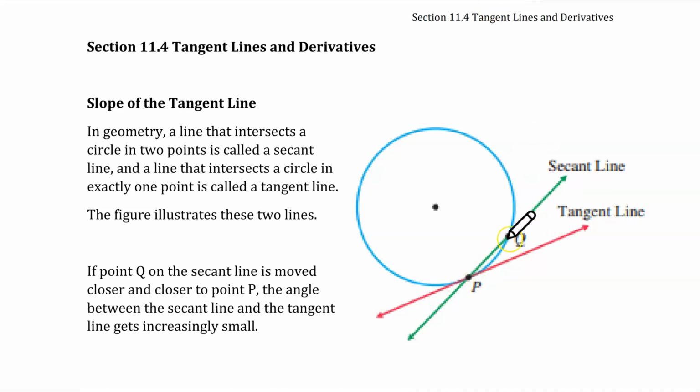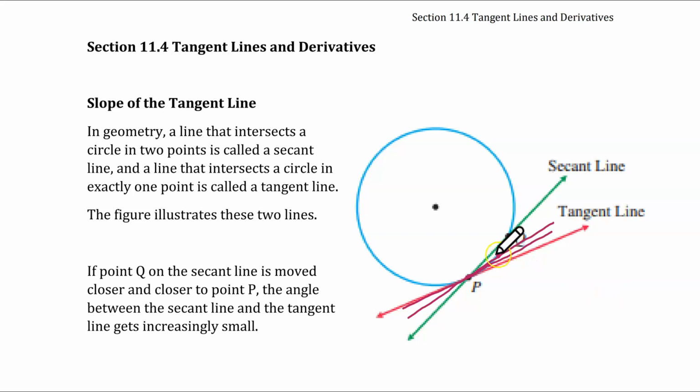Point P and point Q are on the secant line, and point P is on the tangent line. Now notice that if I move Q closer to P, my new secant line will be this line here. And then if I move Q closer to P, the secant line becomes this.